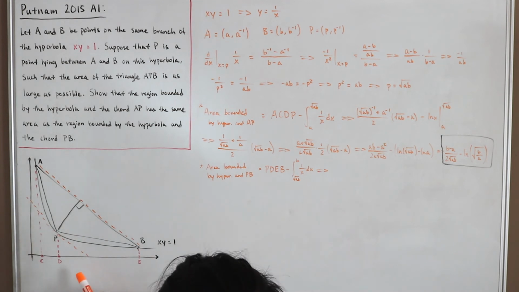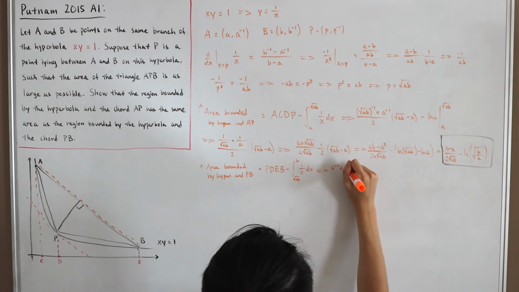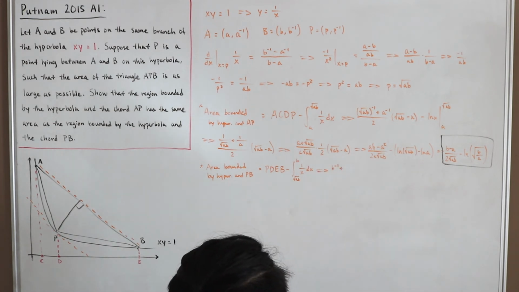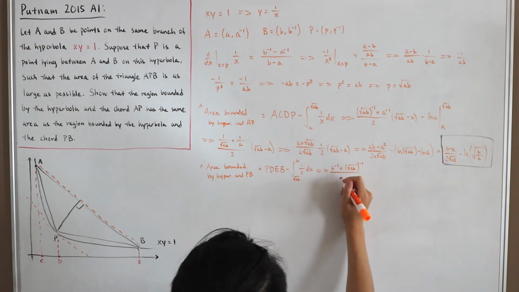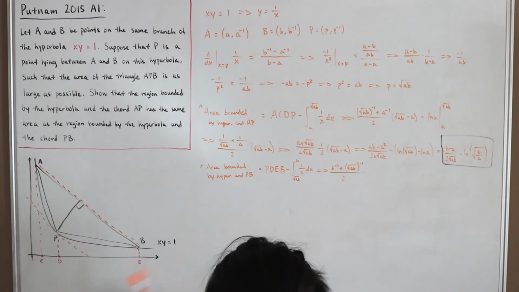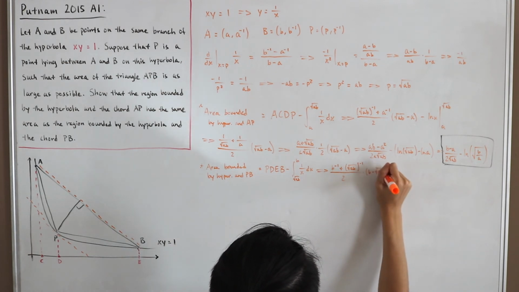So this will be 1 over b, plus 1 over the square root of AB, divide this by 2, then multiply with the distance from D to E, which is just b minus the square root of AB.